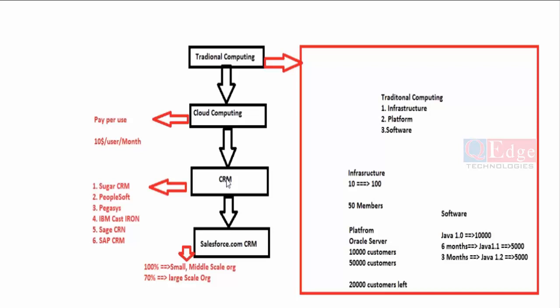For example, Flipkart, Myntra, eBay, Snapdeal, Lenskart all come under CRM applications. Let me explain with a small example. Let's say I'm working as a sales rep in Sony company. My company made a new product, like a TV. As a customer, how do you know whether I made a new product?